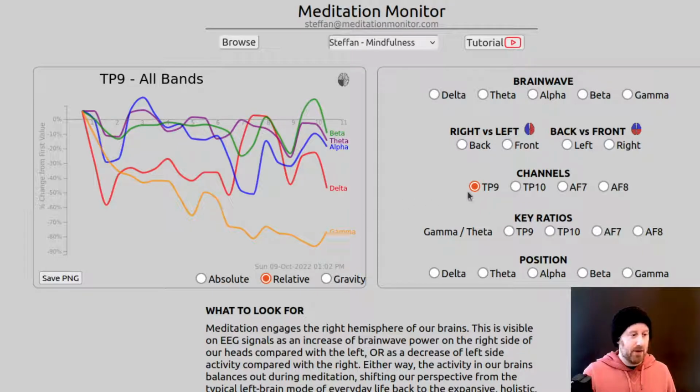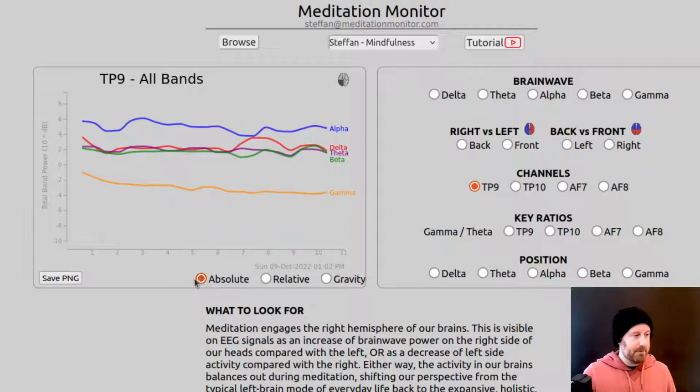Gamma on TP9 is going down tremendously. What does that mean? Well, let's look at the absolute chart. You can see it's going down, although it's really not visible here. But that's the reason why I'm adding this relative chart, because we're trying to emphasize helpful details that might not be visible on this basic chart. So you can see it's going down.